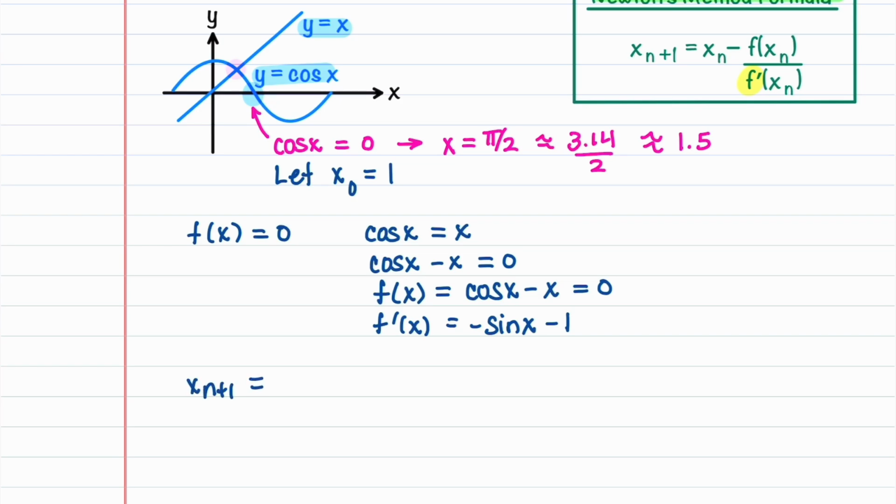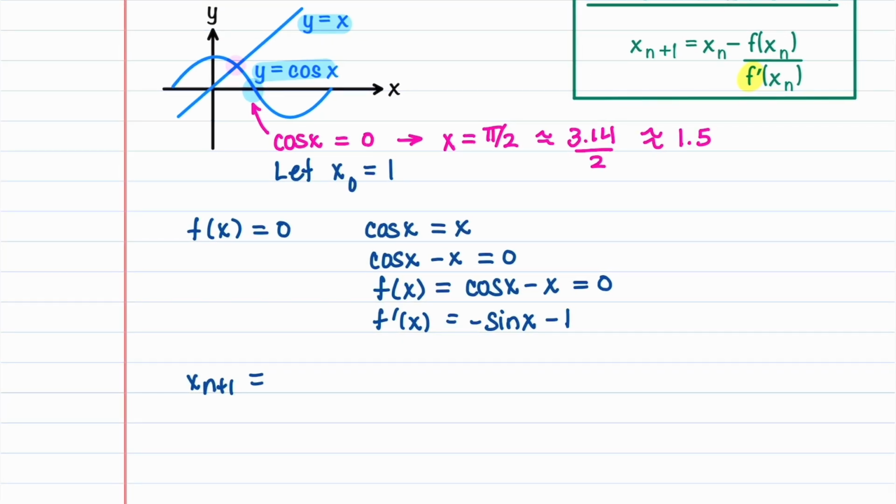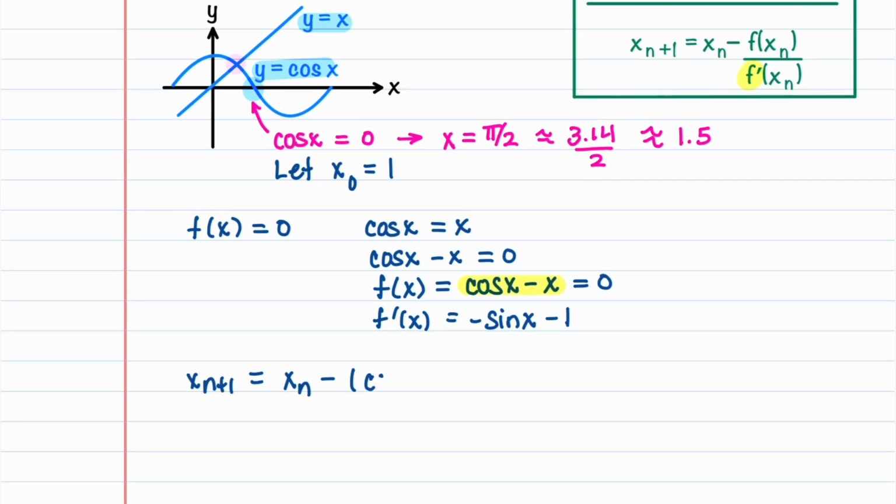X sub n plus 1 are our approximate solutions. Looking up to the right, it's equal to x sub n minus f of x sub n. Our function is this function right here. So this is cosine xn minus xn. And we're going to divide that by f prime at xn. So that is minus sine xn minus 1.